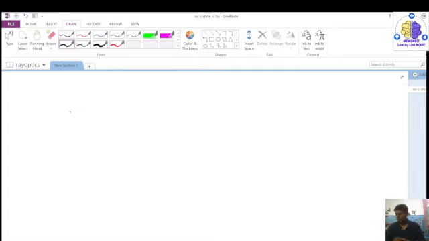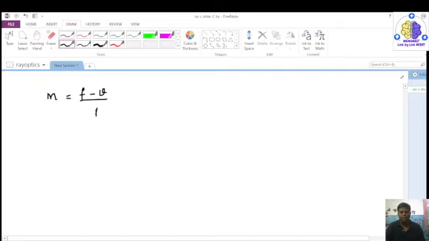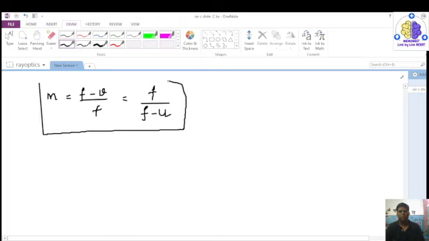Now one more formula for linear magnification. For linear magnification, m is equal to f minus v upon f, and is also equal to f upon f minus u, right? These two formulae are also important for linear magnification.